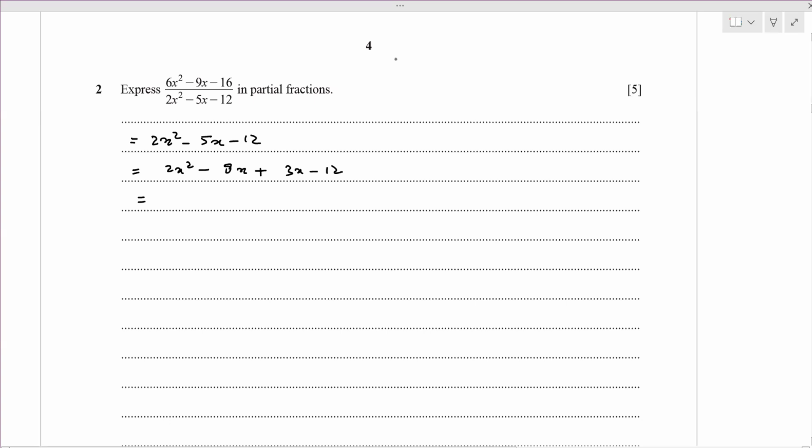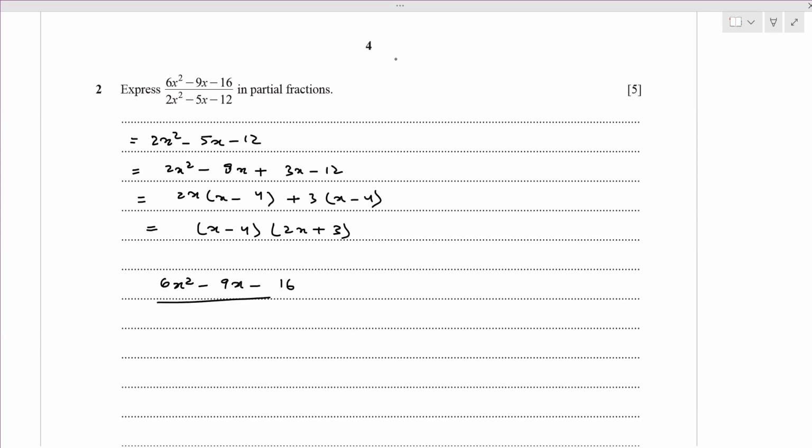You can get the factors directly also, right? x minus 4 plus 3 times x minus 4. So the factors are x minus 4 and 2x plus 3. Therefore it will be 6x squared minus 9x minus 16 over x minus 4 times 2x plus 3.